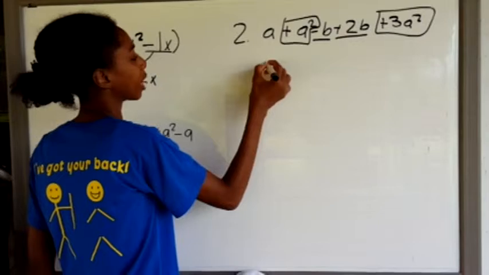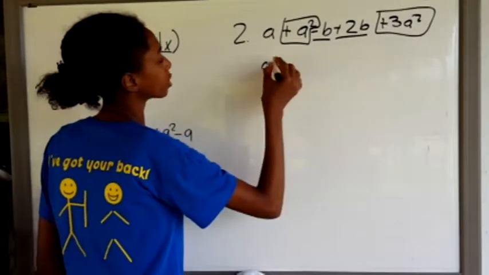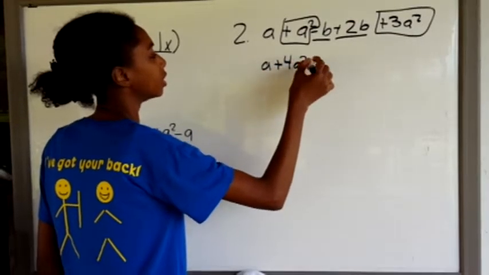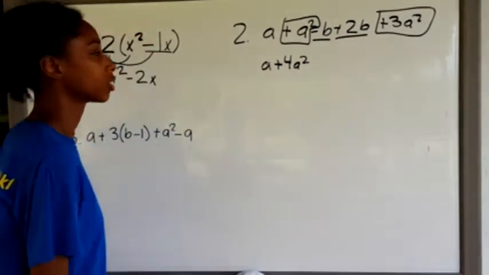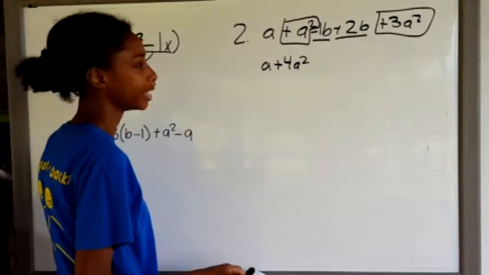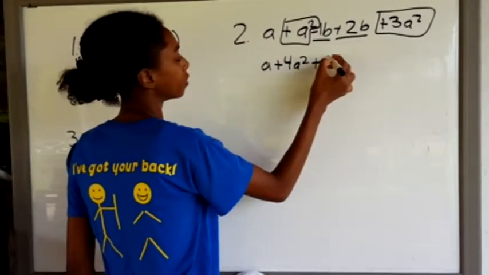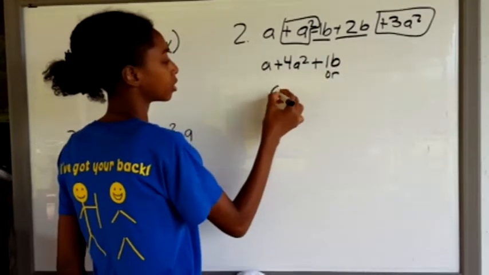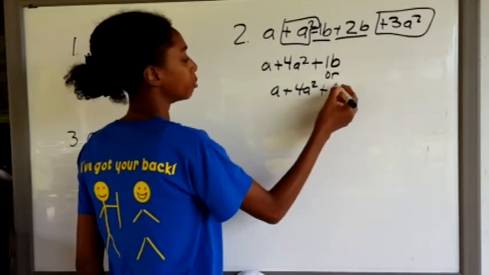So we can just bring our a down, and then 1a squared plus 3a squared is going to be positive 4a squared, and then negative b plus 2b, so that's like negative 1 plus 2, which is positive 1, so that would just be positive 1b, or just b.